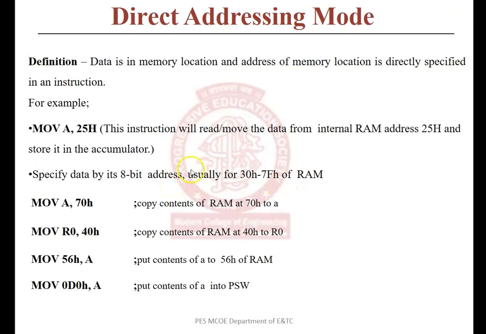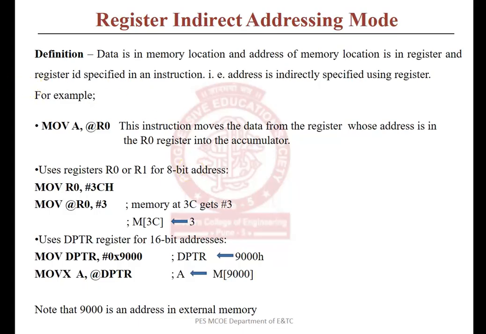Next one is register indirect addressing mode. Now, why is it called the indirect addressing mode? We have seen register addressing mode, we have seen direct addressing mode. Now, here register indirect means data is in memory location and address of memory location is in register, and register ID is specified in an instruction.